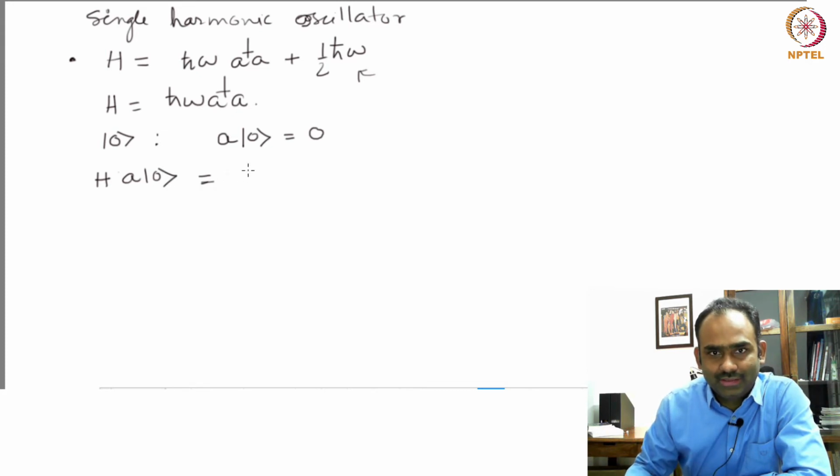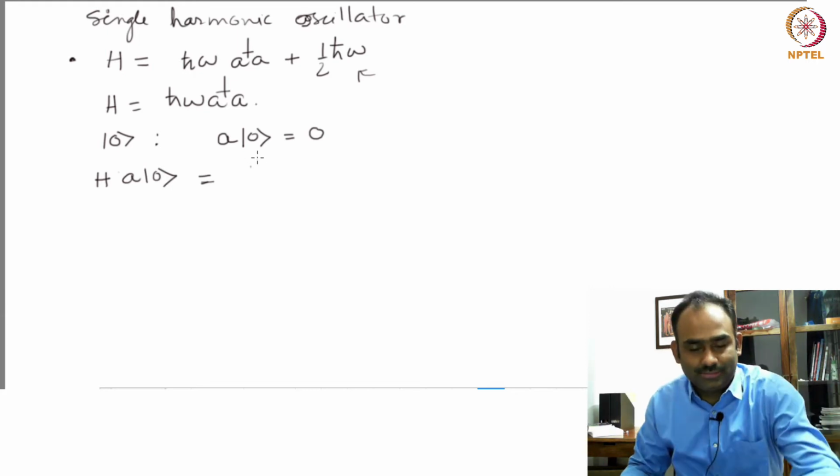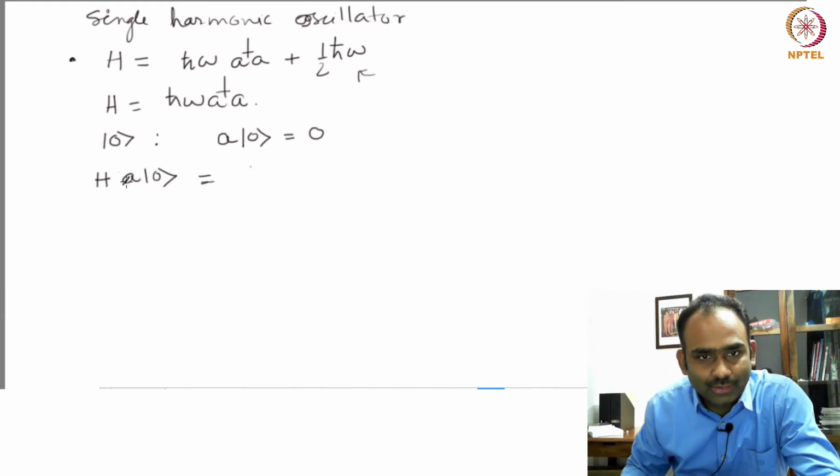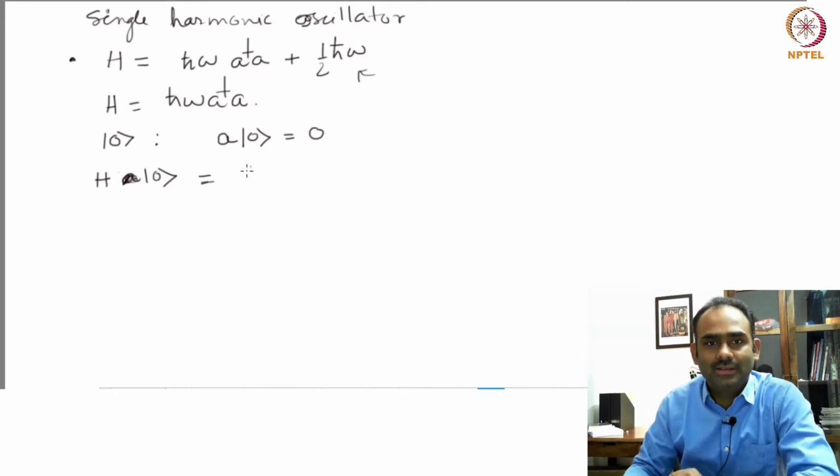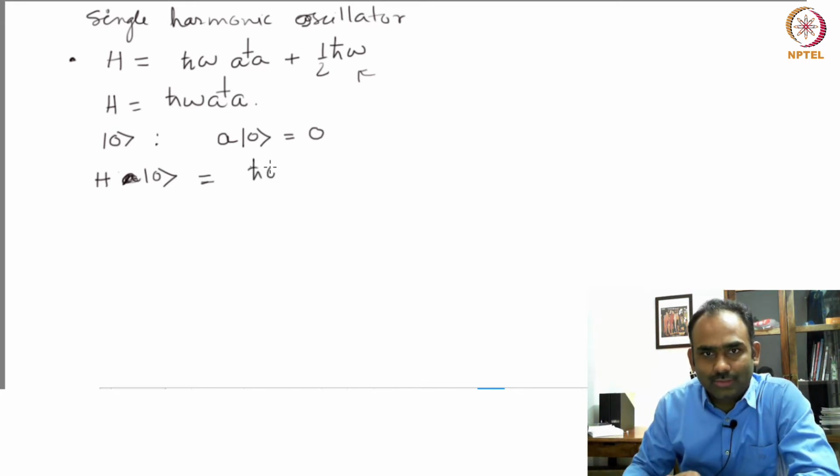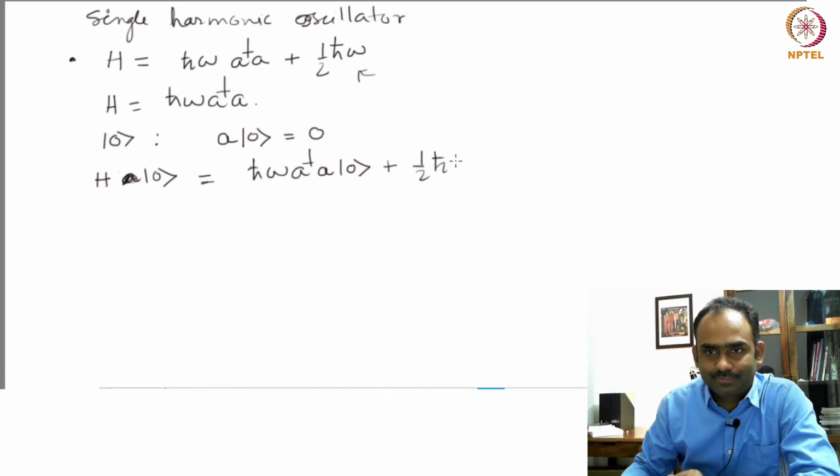So I have h bar omega a dagger a acting on this, plus half h bar omega acting on this, because it has two pieces.